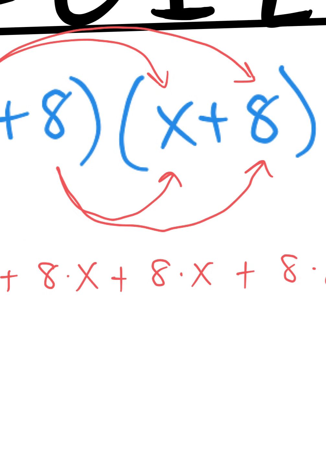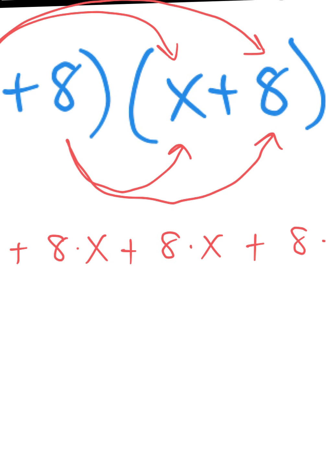X times x is what? Tessa? What's 8x plus 8x? Ashton? 8x plus 8x? These two.